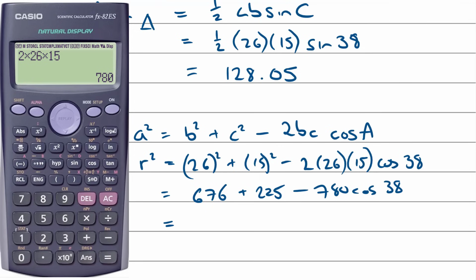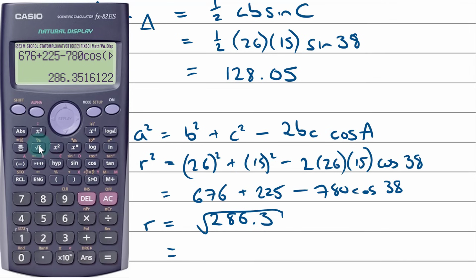What's that then? 676 plus 225 minus 780 lots of the cosine of 38. I make that 286.3. Remember, that's r squared, so r is going to be the root of that. So square root in my answer. I make that 16.92.